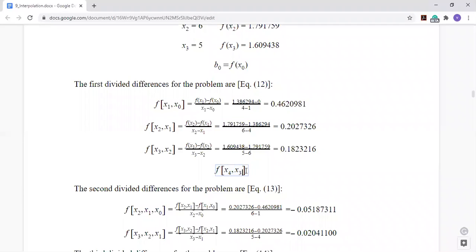But if we had needed this, can somebody type in the chat the formula to calculate this based on what you can see here? That's my question. So I want to know if you're following. What would have been the formula for this? Though we don't need it because we're not given x4.